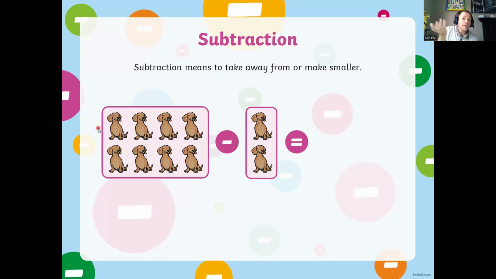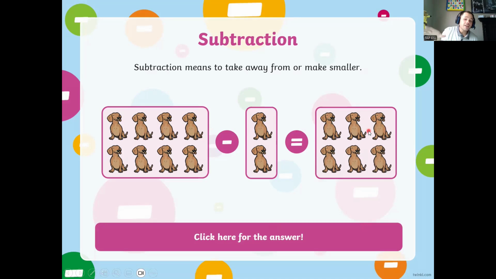So how many dogs can you see? 1, 2, 3, 4, 5, 6, 7, 8 dogs. 8 dogs minus 2 dogs equals 6 dogs. So this is minus equals.